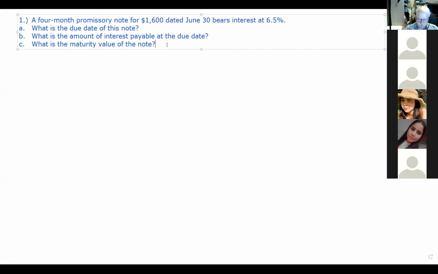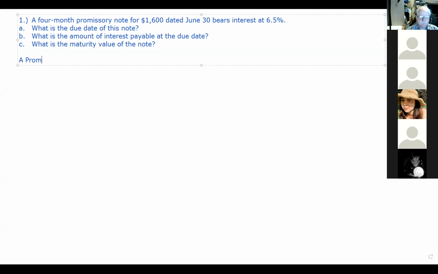So they're talking about something here called a promissory note. And this is a legally transferable financial instrument.